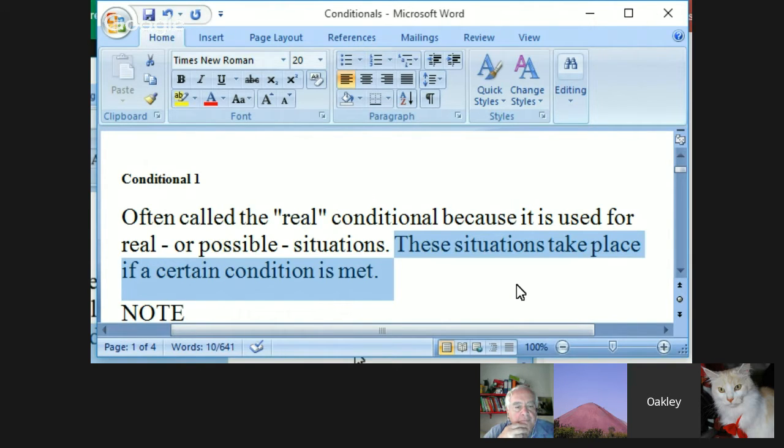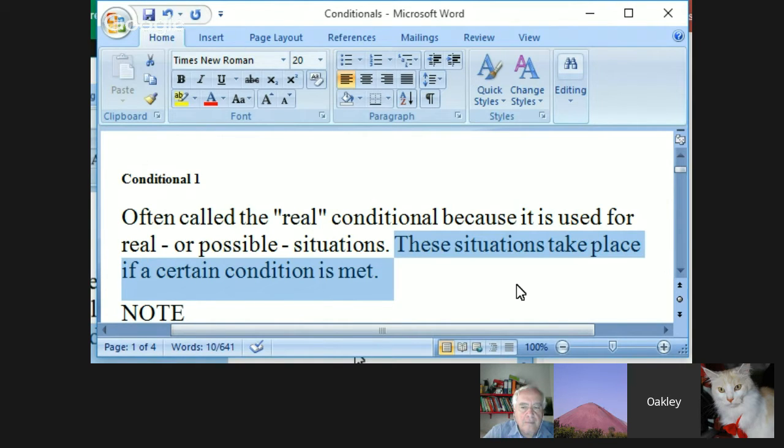In the 0 conditional, both clauses are in the present simple. We use what's called the 0 conditional when it's basically a fact, or it's considered by the speaker to be a fact.